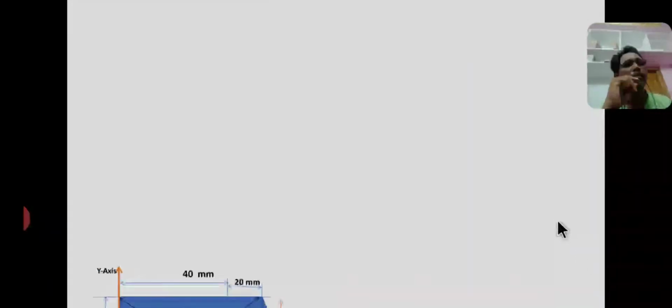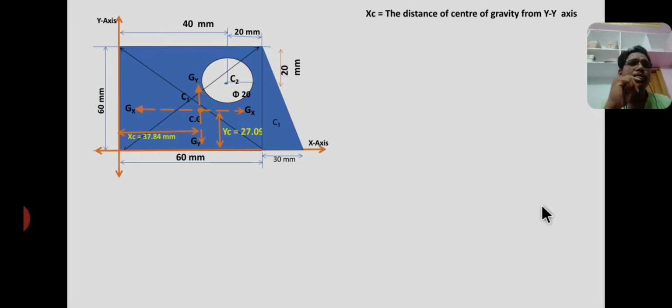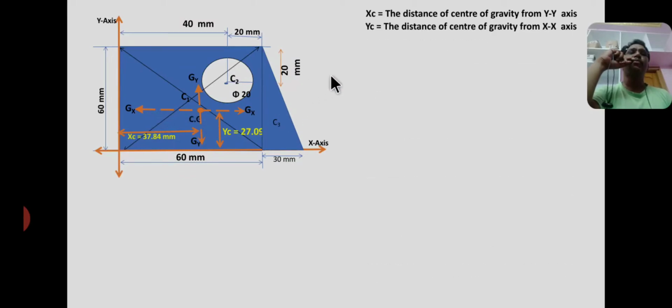Now from basic formulas, xc is the distance of centroid or center of gravity from y-axis. So this is the centroid. From here to here, the distance between y-axis and centroid is called xc, and yc is the distance of centroid from x-axis.